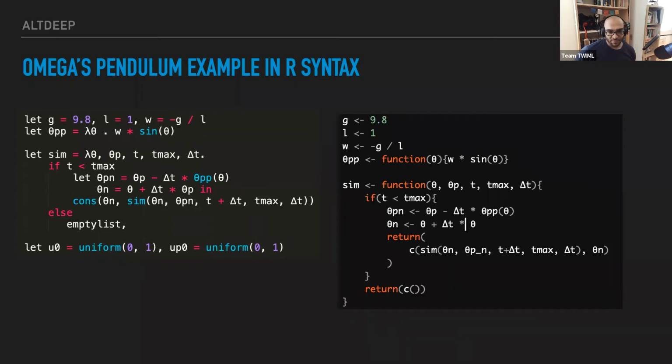I don't know the familiarity of people on this call with different programming languages, but long story short, I tried to take this pendulum example, make it look Pythonic, failed, and then switched to R and got some interesting results, just in terms of what it might look like.